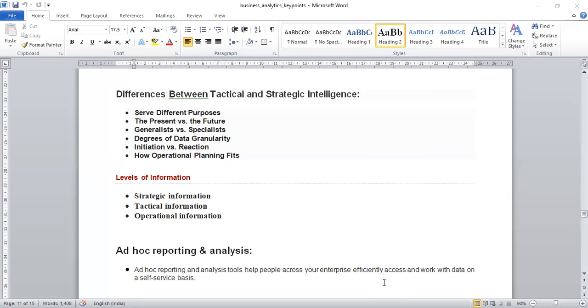Strategic intelligence helps an organization correct the course, that is, amend the course of a process, before the need for course correction becomes critical.